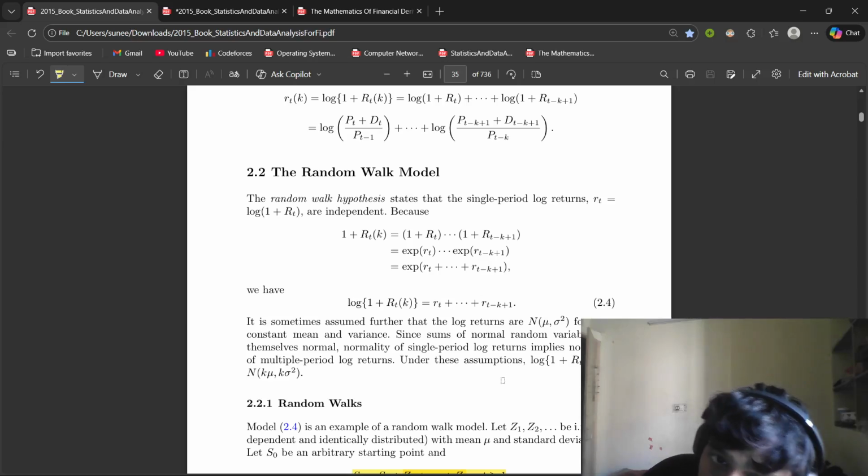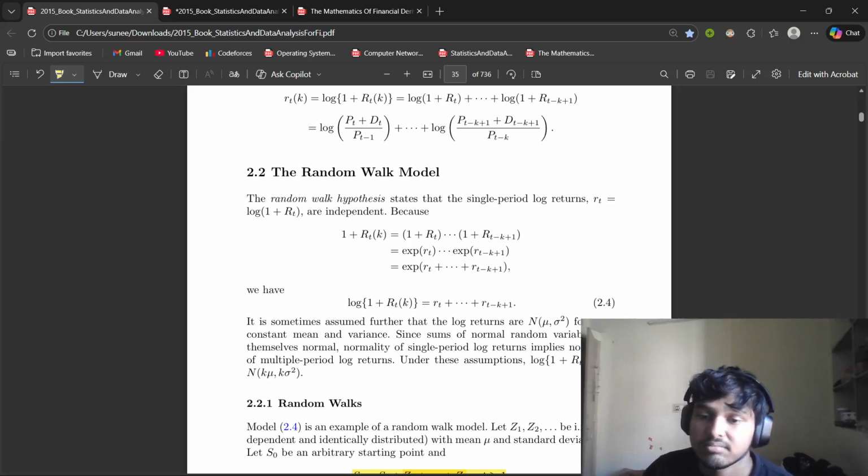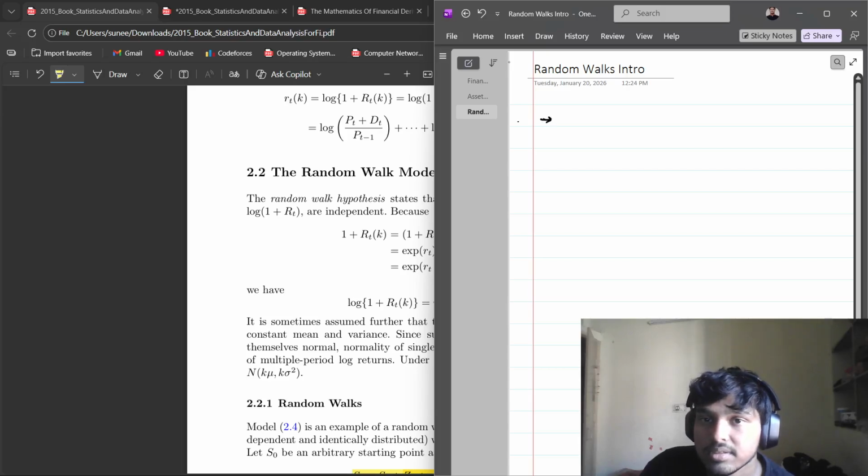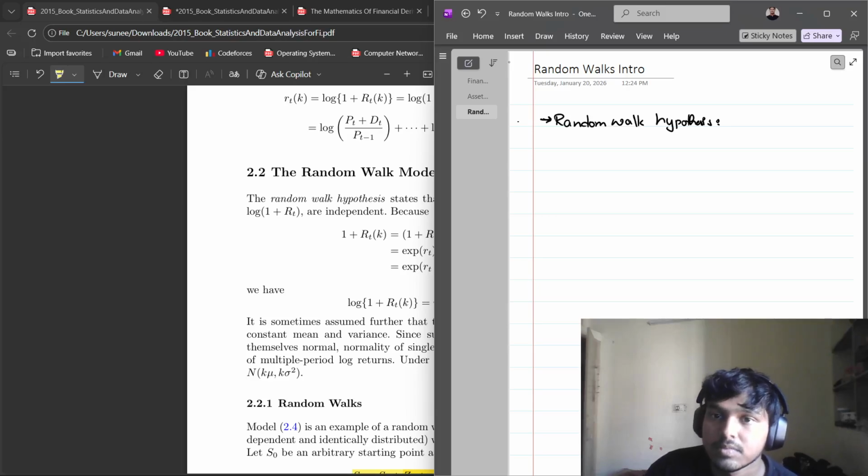So what is the random walk? The random walk hypothesis is that the gross returns R_t are independent.